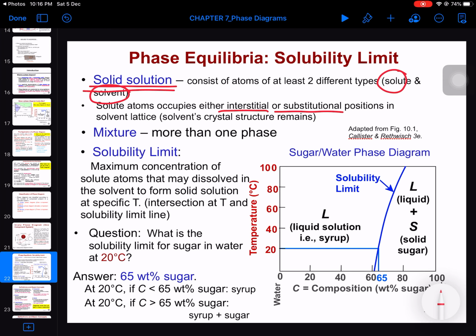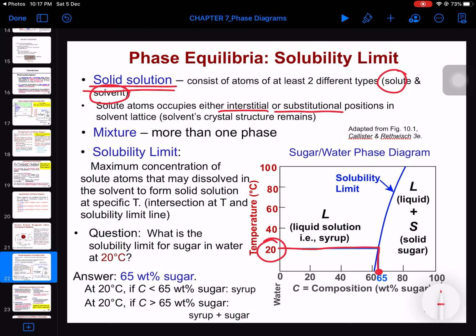So at 20 degrees centigrade, let's draw a straight line which intercepts the line within the phase diagram of water. That is the solubility limit. At 20 degrees centigrade, we're looking for the solubility limit for sugar in water, and the answer is 65 weight percent sugar, because this is the reading of the composition there.